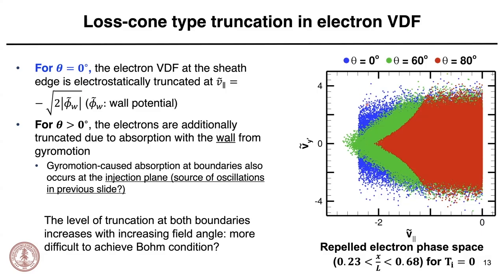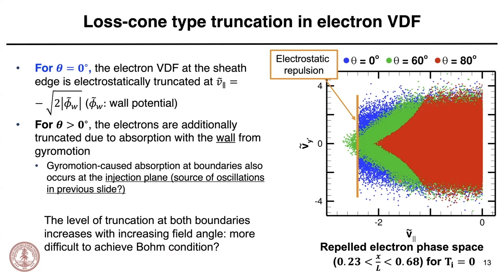And you can see how the repelled electrons have a vertical line truncation as expected, due to the electrostatic repulsion of the sheath. But now as you have higher field angles, you can see how you get this unique cone-like structure. And that's essentially due to the angled gyro motion of the electrons as they're traveling to the wall.